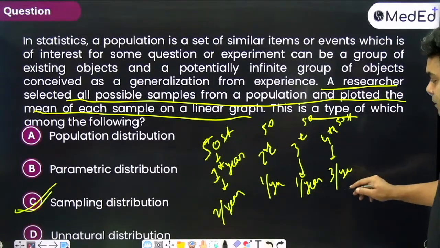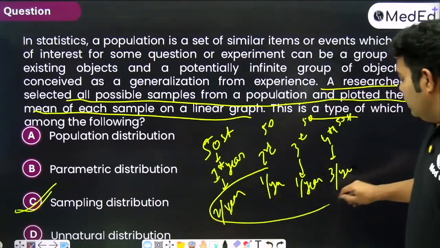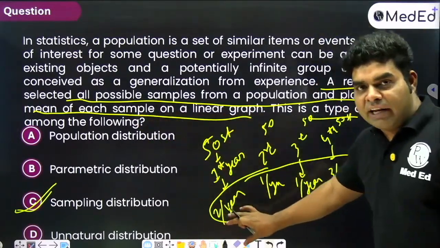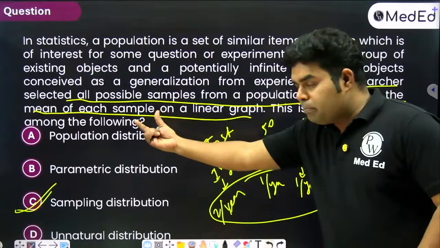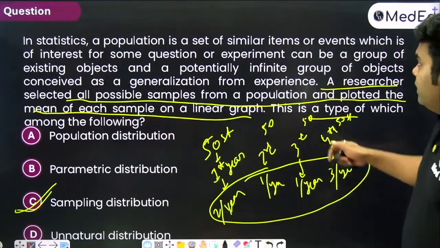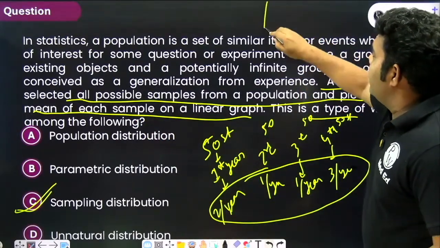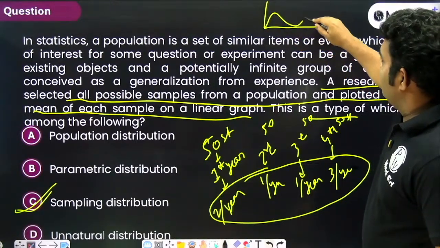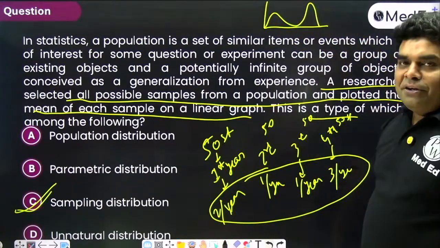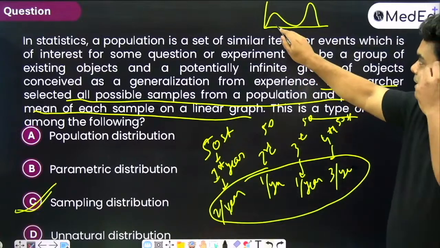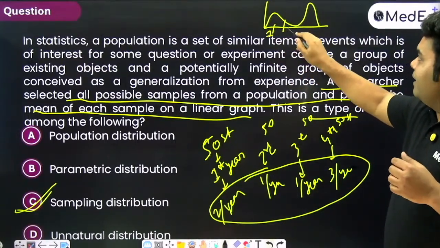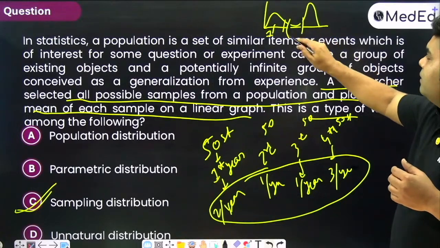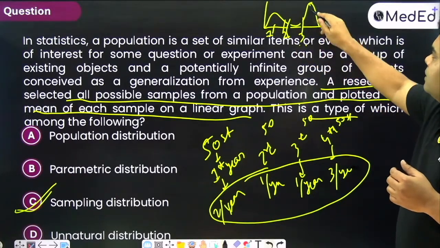So what is the average coming? 2, 1, 1, 3. I will take this mean of each sample. This average is the mean. So I will take the mean of each sample, 2, 1, 1, 3, and I can plot a linear diagram from it. First year, then second year and third year, and then this 3 affairs, fourth year.